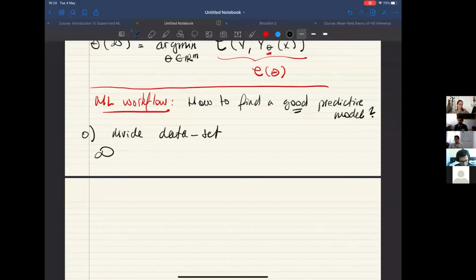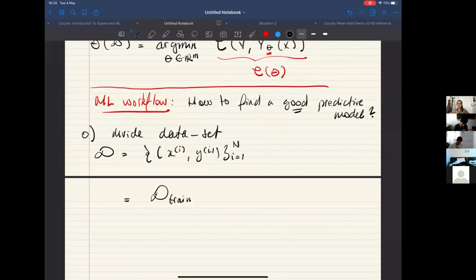So the whole data that you have access to, you have n data points, which means n pairs of input of size p and associated output. You're going to divide it into two subsets. The first, I will call the training set, and the second one will be called the test set.